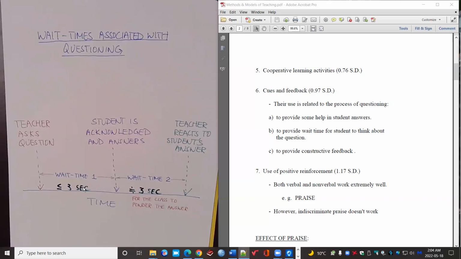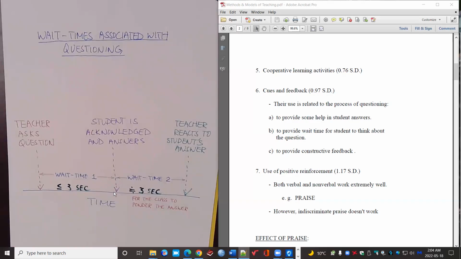You let the student think about the question and try to answer. Then hands are raised. Remember Hermione, Harry Potter? Anyway, so the student is acknowledged and the student answers at this time.